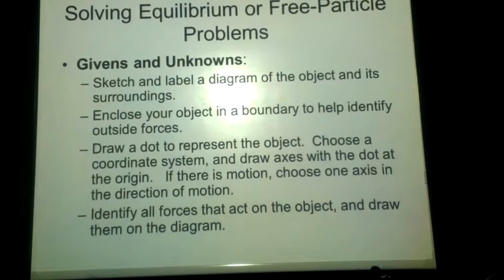So before you draw a free body diagram, sometimes it helps to just draw a picture first so you can visualize the entire situation. When you've done that, think about all of the forces that are acting on an object, and then draw your free body diagram, okay? So identify all forces that act on the object and draw the free body diagram.